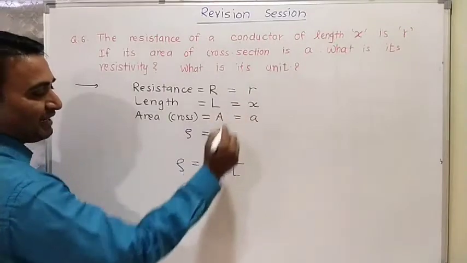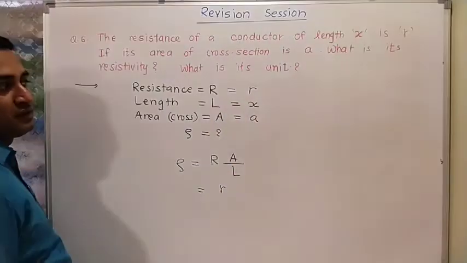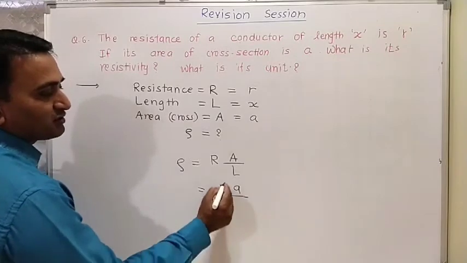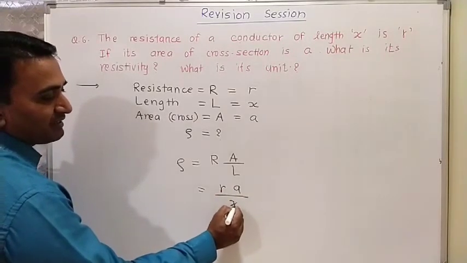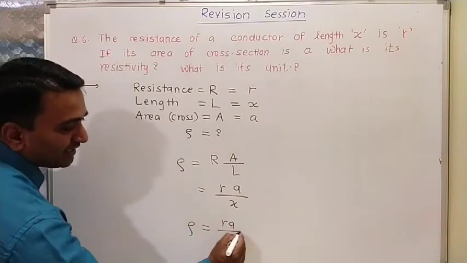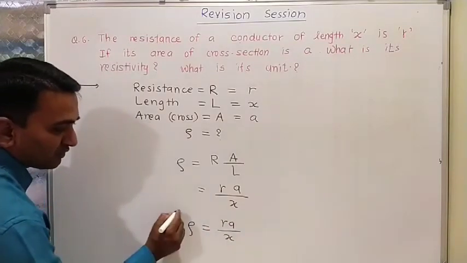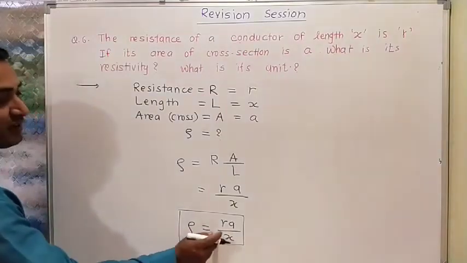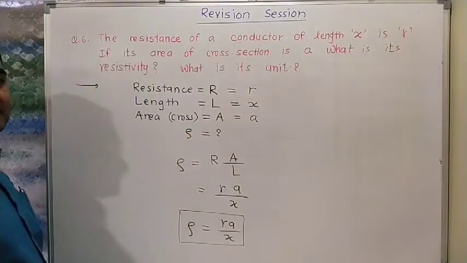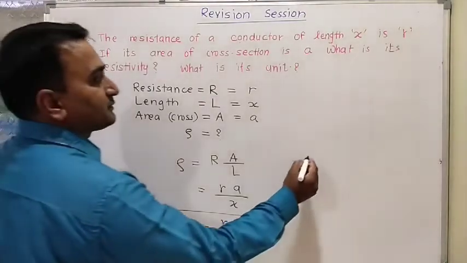So what is R? R is small r. Area of cross section we have A, and divided by what? The length of wire is X. So finally we are reaching RA divided by X. So this is the formula, the resistivity of this resistance. So what is the SI unit?